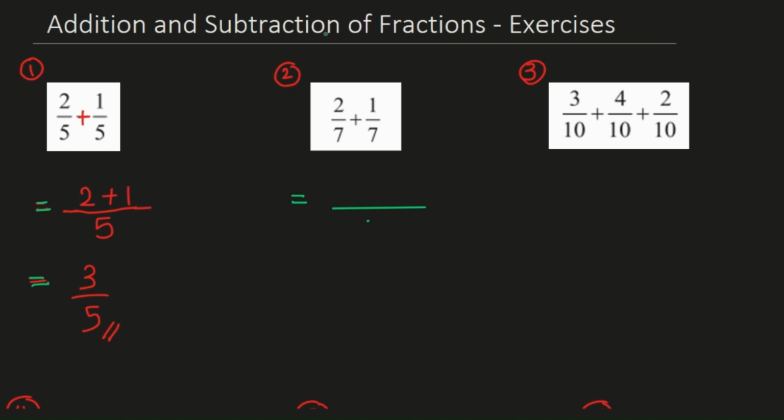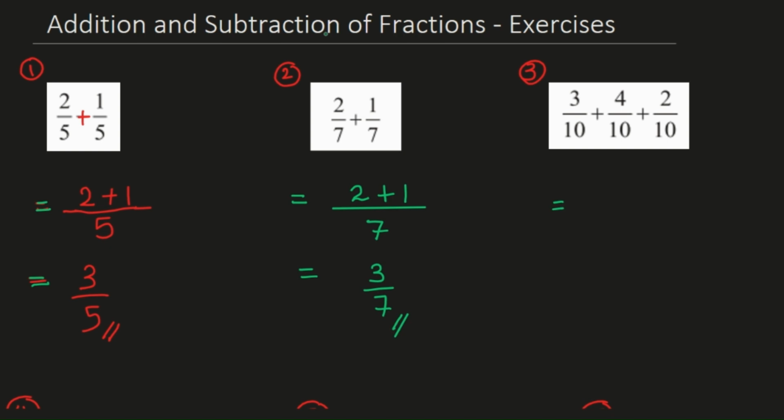So the answer's denominator will be 7. Then you simply add the numerators, 2 plus 1. The final answer will be 3 upon 7. See how easy this is? Okay, let's go to the third question.